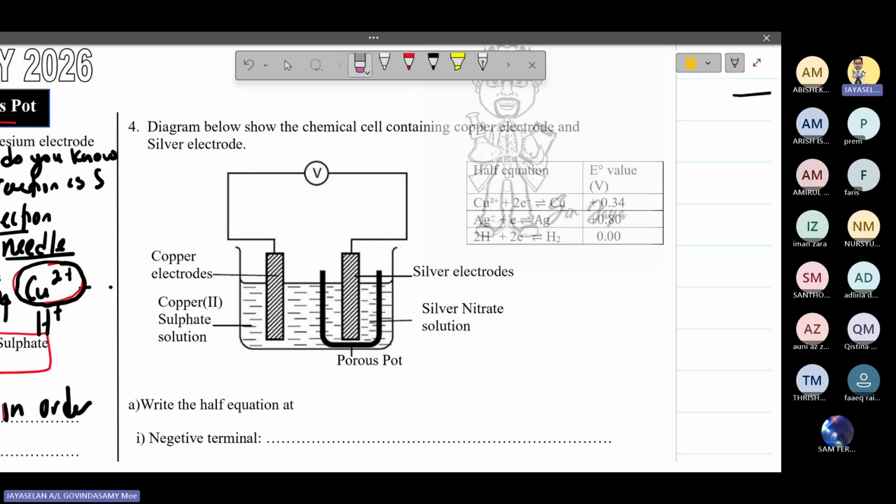Porous spot function same like salt bridge. Oh, betul ke? Ada yang dah buat. Very fast lah. Siapa ni?